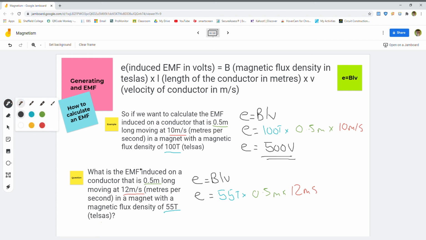And then E will equal, and hopefully we've all got this right, 330 volts. Okay, so that is the equation for calculating induced EMF in a conductor. E equals B times L times V.